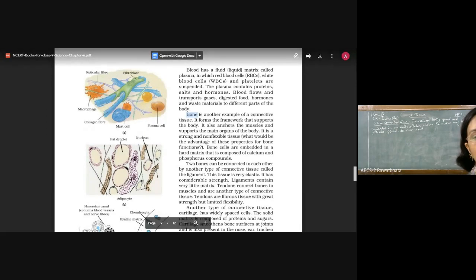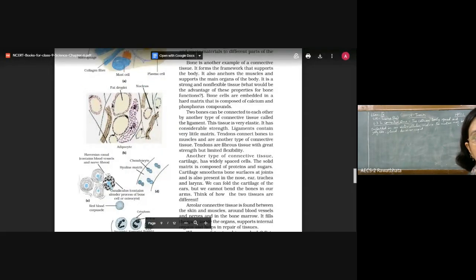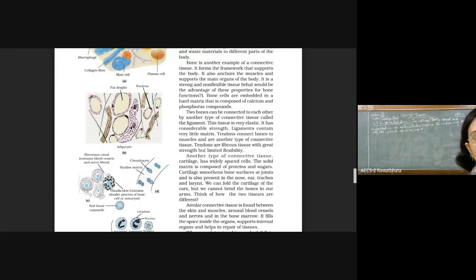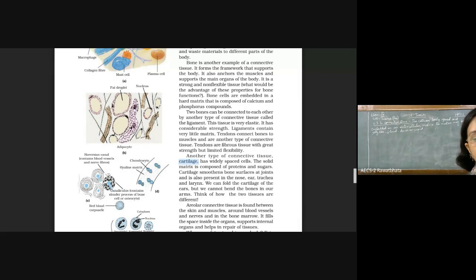The next paragraph is about bone. You are going to label this paragraph of bone as C, because this diagram speaks about bones. Then you are going to leave the third paragraph. The fourth paragraph you are going to label for cartilage. And the cartilage is this D diagram.